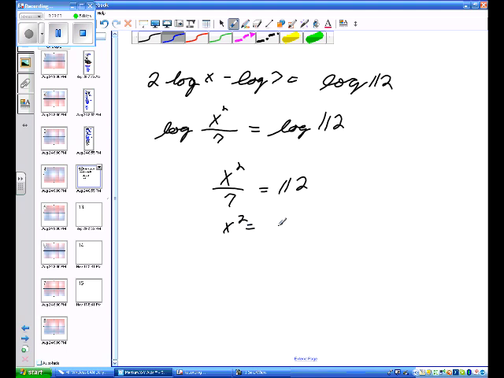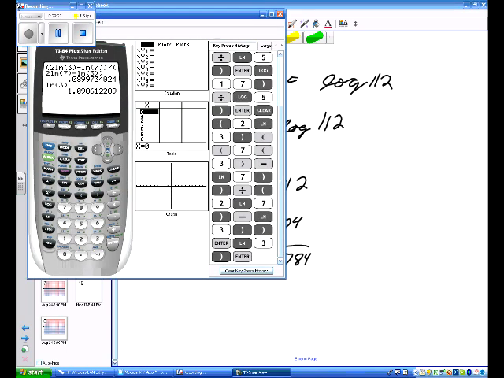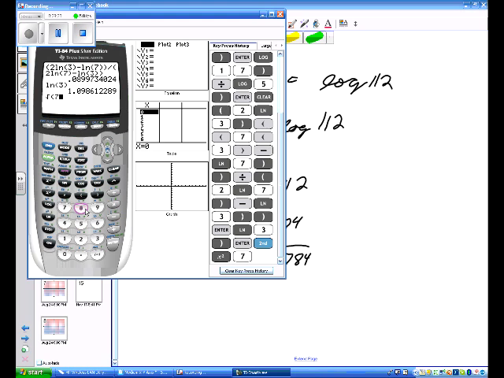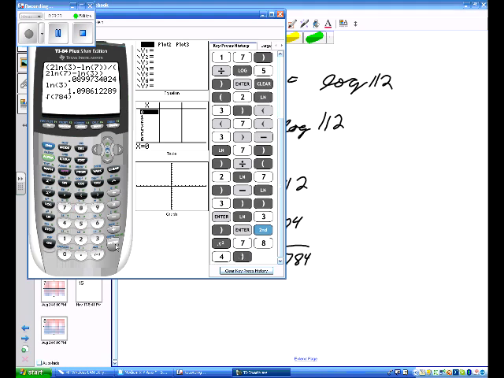x squared is equal to, multiplying both sides by 7, 784. And if we look at taking the square root of both sides, plus or minus the square root of 784, well, the square root of 784 is 28.